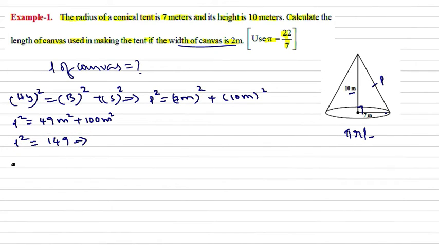Then L will become square root of 149 meter square. Then L will become 12.2 meters.